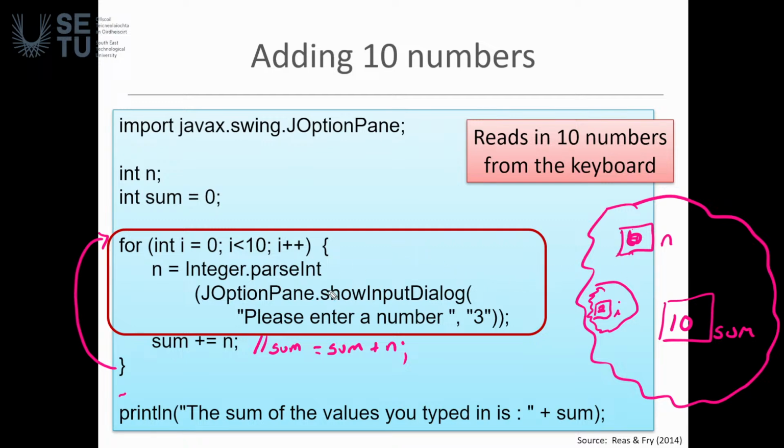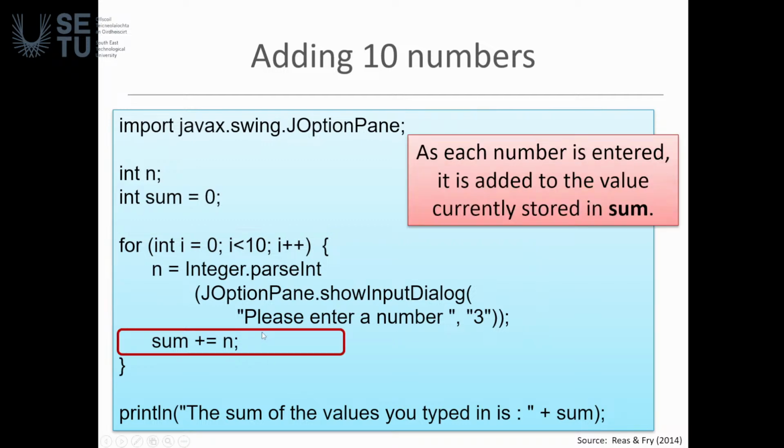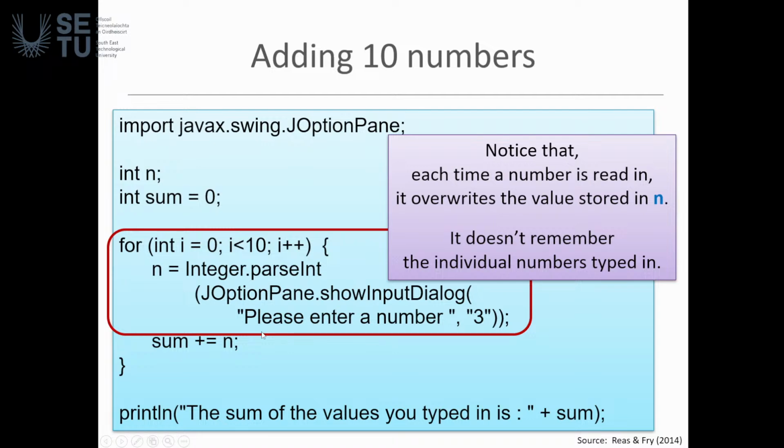So when we want to add 10 numbers, we're reading them in and we are just storing the number that we have input at that moment in time. So the history of the numbers that we've taken in, we've lost. Each time a number is entered, it overwrites the value stored in n. It doesn't remember the individual numbers typed in.